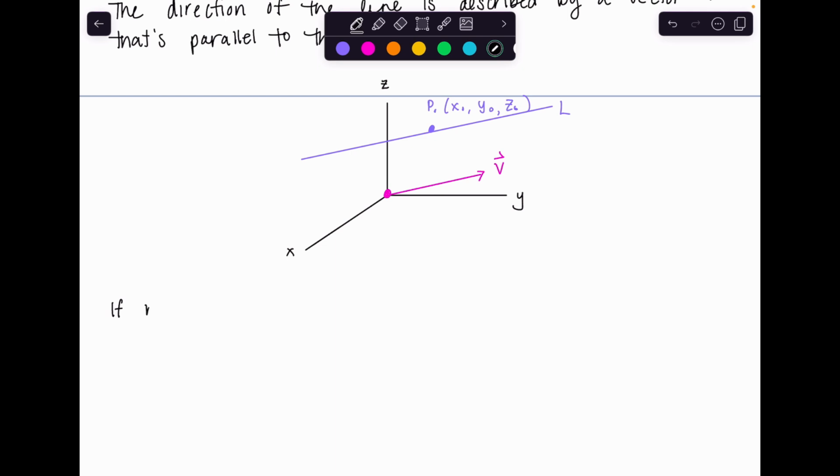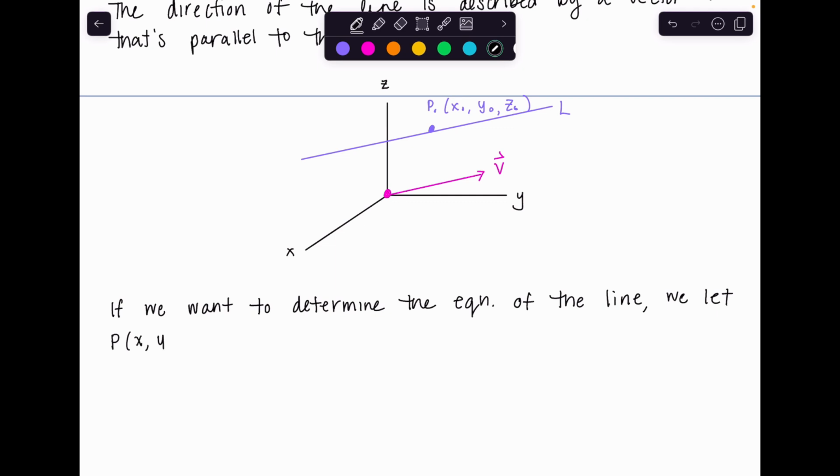So if we want to determine the equation of the line, we're going to let P, which will have coordinates x, y, and z, be any point on the line L. And then we're going to define the vector r0 to be the position vector of P naught.